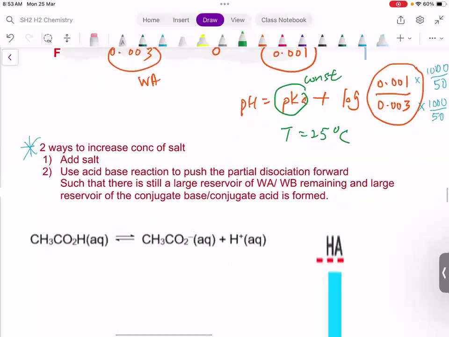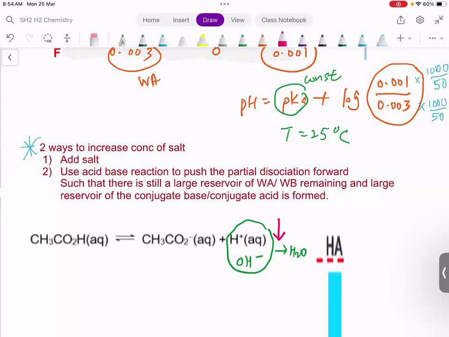Can apply Le Chatelier's principle. So when you have your hydroxide added to the system, this will undergo an acid-base reaction to form water. During that reaction, it will reduce the concentration of H plus. So when it reduces the concentration of H plus, the POE will respond. How does the POE respond?